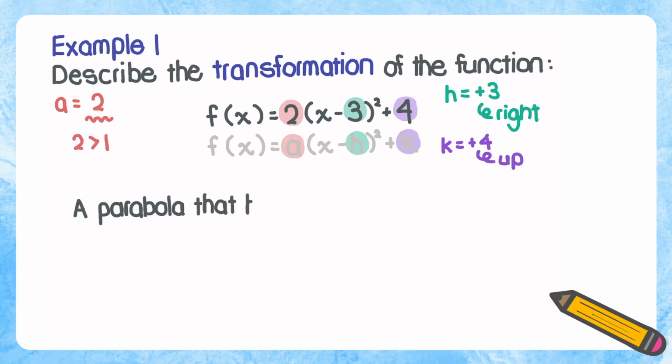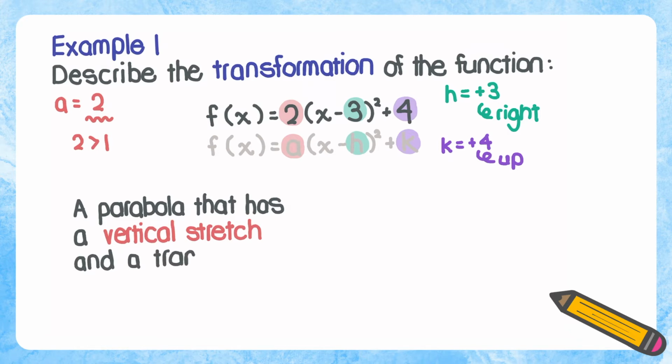So we have a parabola that has a vertical stretch because a is greater than 1. And we also have some translations based on h and k.